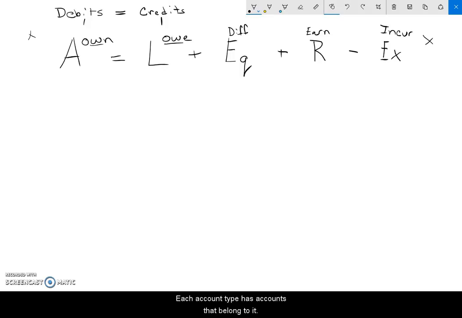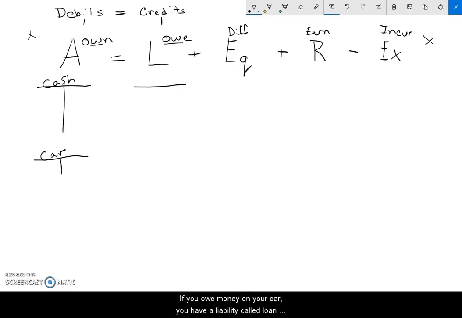Each account type has accounts that belong to it. For instance, assets have an account called cash. Your car could also be an asset. If you owe money on your car, you have a liability called loan payable.